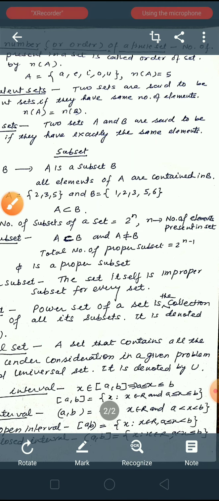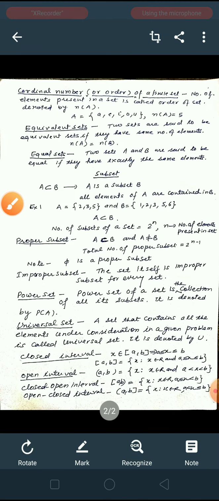Now improper subset. An improper subset means the set itself is the improper subset. As I told you, every set is a subset of itself. So if we include it and exclude the others, then this will be the improper subset.